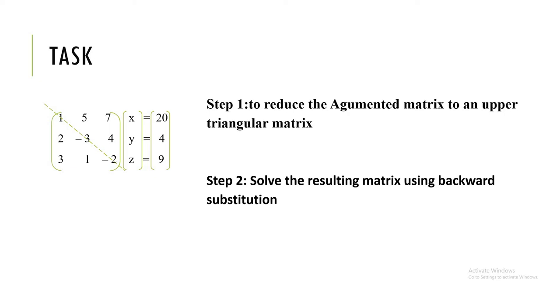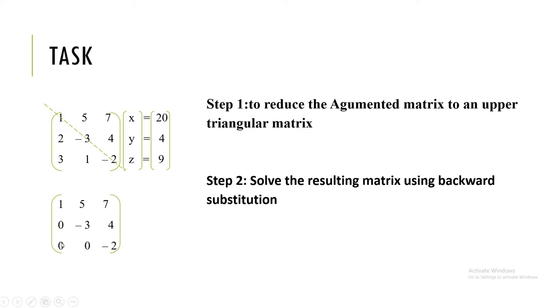If we're given, for example, a 3x3 matrix like this, and we write it in the form A, X, B, then we transform all the elements under the leading diagonal, where you see the line. This value should go to 0, this should also go to 0, and this will also go to 0, like we can see over here. So all the elements below the diagonal should go towards 0.